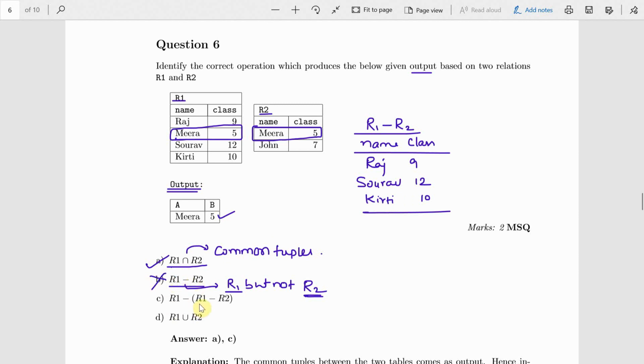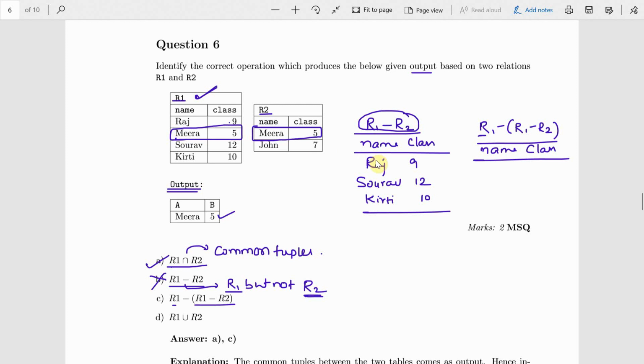Option C says R1 minus (R1 minus R2). Now what is R1? This one. R1 minus R2 I have just written here: the tuples that are there in R1 but not in R2. Here I am writing clearly R1 minus of R1 minus R2. So it finds the tuples that are in R1 but not in R1 minus R2.